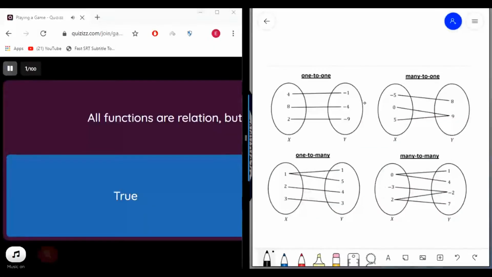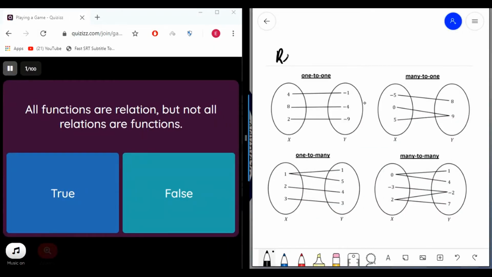Okay. For relation, we have 4 types, which are one-to-one, one-to-many, many-to-one, and many-to-many.